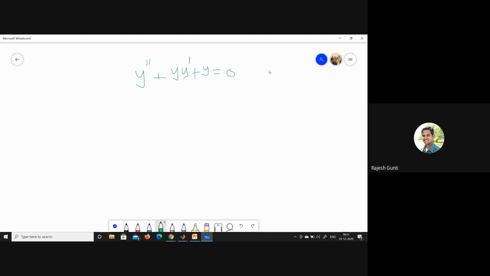Initial conditions: y of 0 is equal to 0, y dash of 0 is equal to 0.